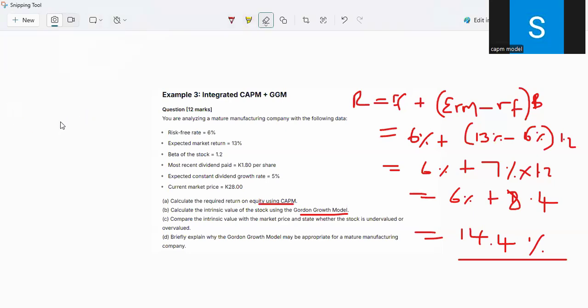What is the intrinsic value of the stock? We were told that the dividend has already been paid, so we use D0. D1 is D0 times 1 plus g.